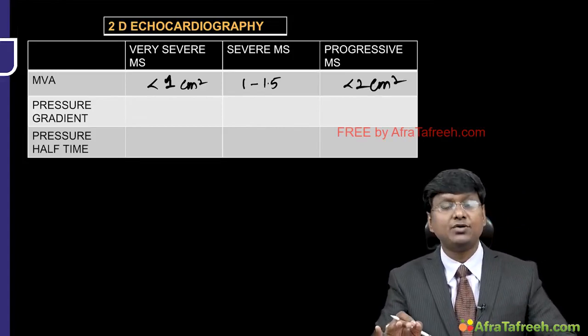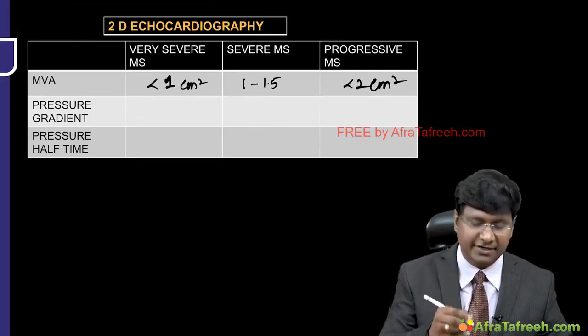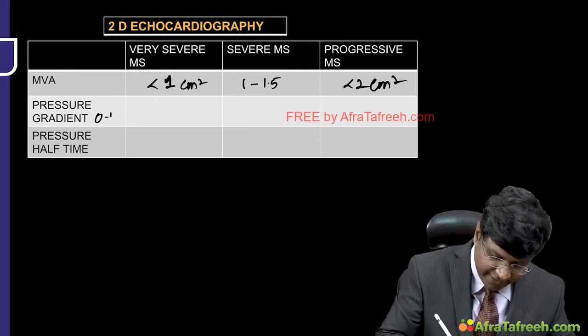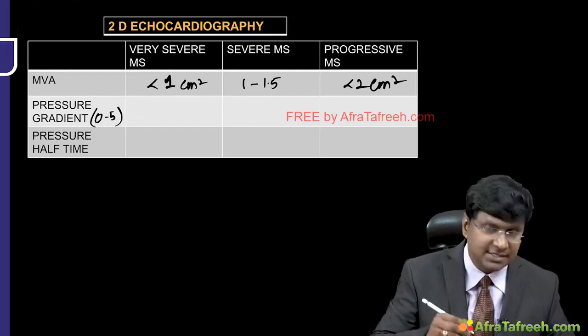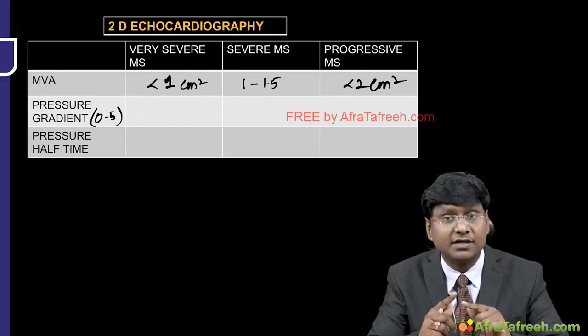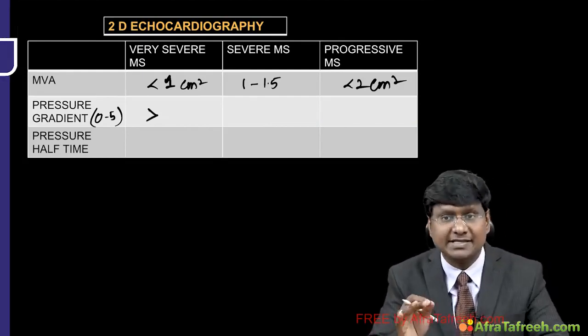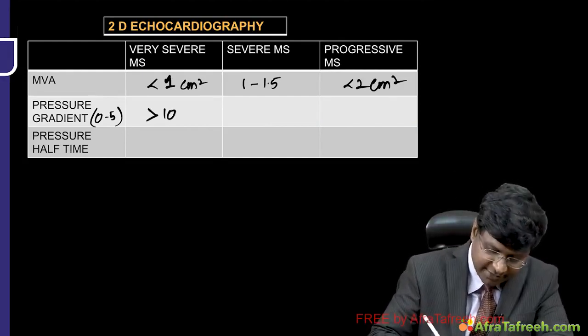Then, what will happen to the pressure gradient? How much is the normal pressure gradient between the left atrium and the left ventricle? That is 0 to 5 millimeters of mercury. In very severe mitral stenosis, the pressure gradient will be increased to more than 10 millimeters of mercury, right?